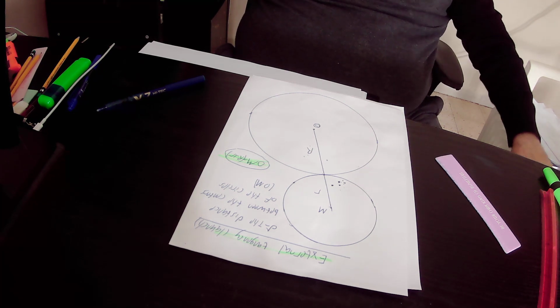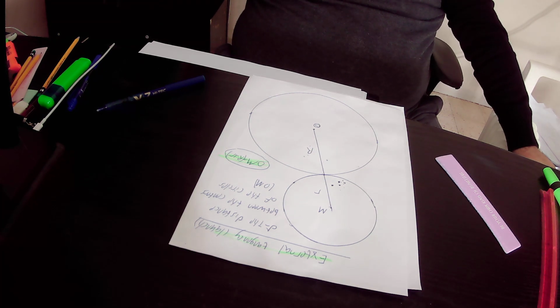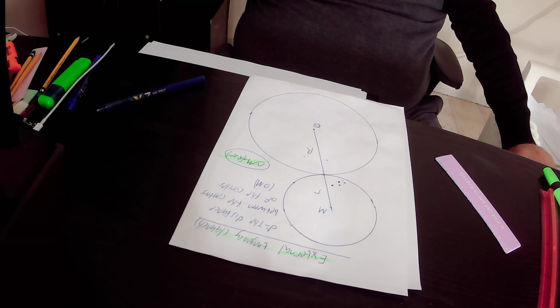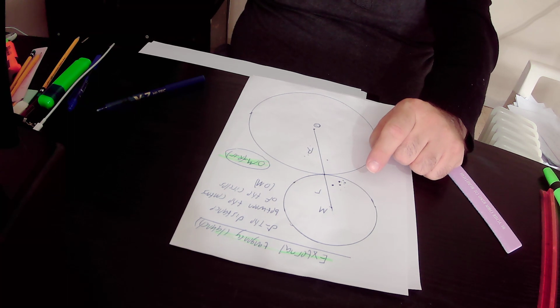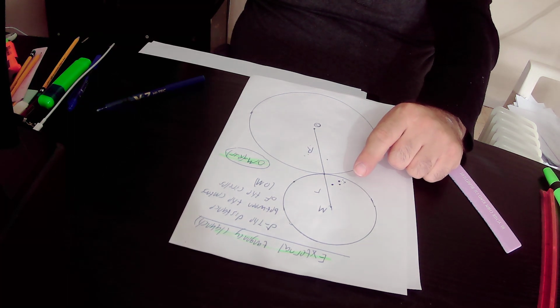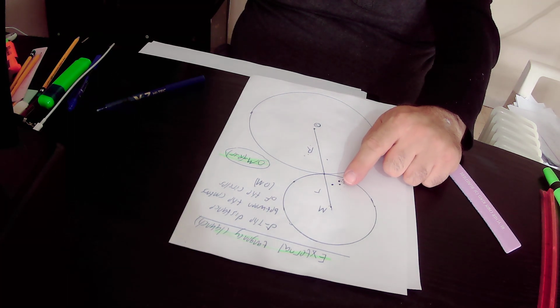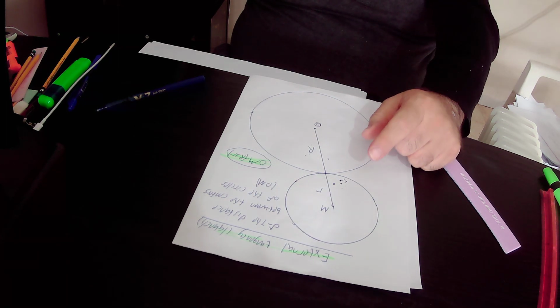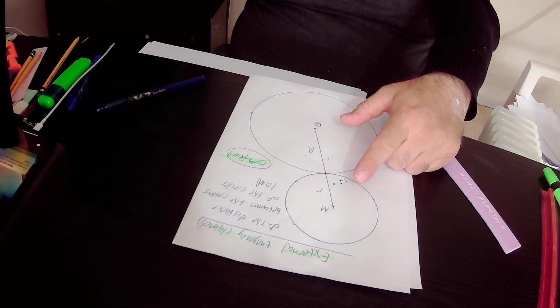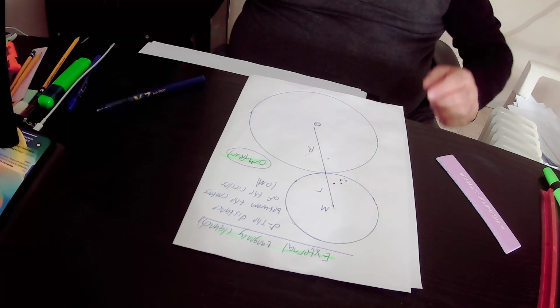Then the distance between the centers of the circles will be equal to the sum of the lengths of the radii. That is to say, it will be equal to the length of the radius of this circle, that is r, plus the length of the radius of this circle, that is capital R. That is to say, the distance between the centers will be equal to capital R plus small r.